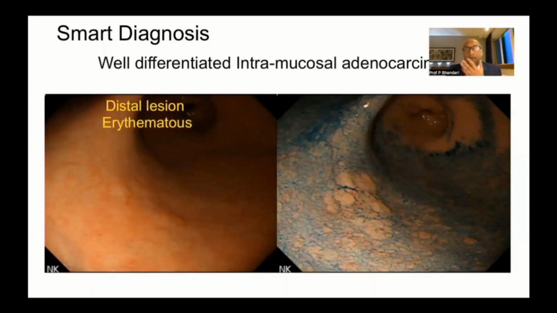It is erythematous, reddish in color. It's surrounded by atrophic gastritis, and it is a raised lesion. That is typical of well-differentiated early cancers. And that's why I say it's well-differentiated. It's intramucosal because it's flat, it's soft. I haven't shown you the inflation and deflation. When you do that, it moves.